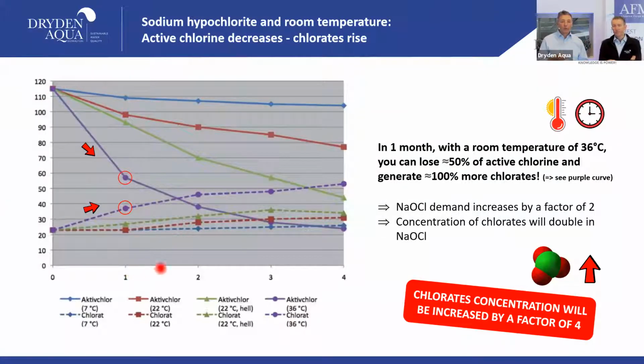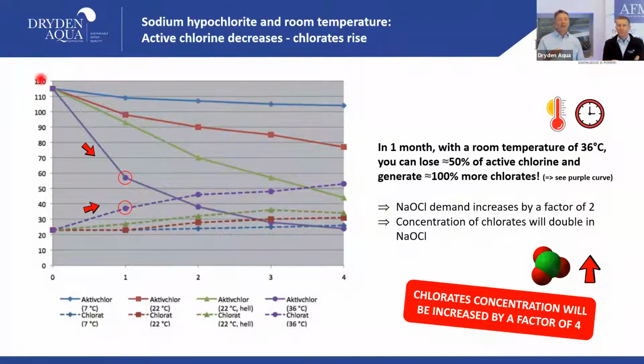And here, 1, 2, 3, 4, these are the months. And here you have different curves. Here you see the curve if you store sodium hypochlorite at 7 degrees, and a curve here where you store it at 36 degrees. What we see is, if you store it at 7 degrees, your sodium hypochlorite loses 10% in 4 months.